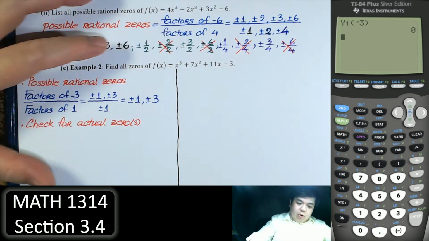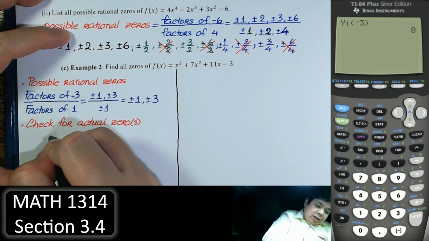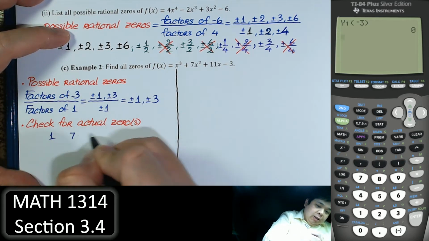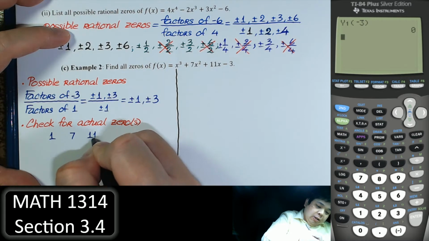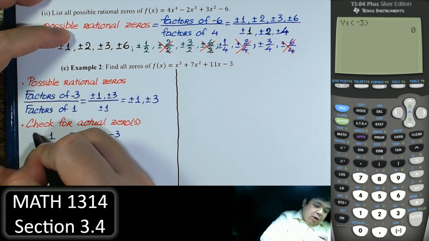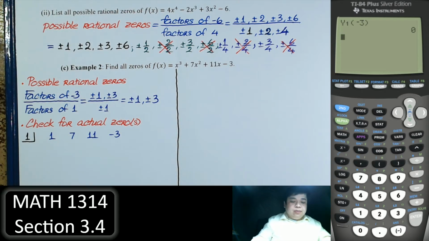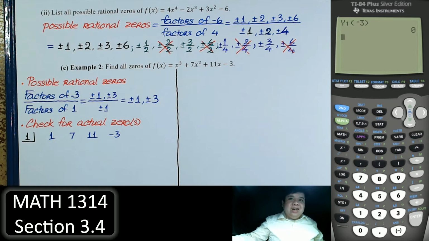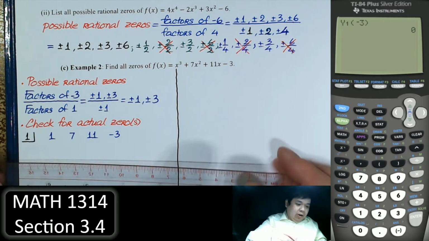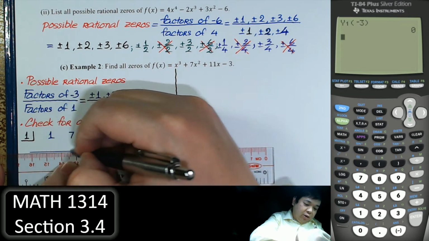So the polynomial coefficients are 1, 7, 11, and -3. We divide by, let's try 1 to see if it works. Of course, we know it's not, but in real life, we have to test them if we don't know.